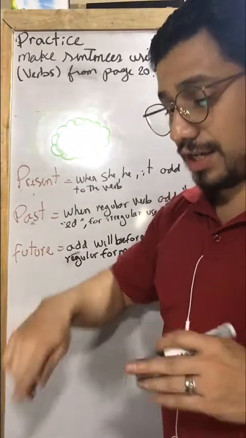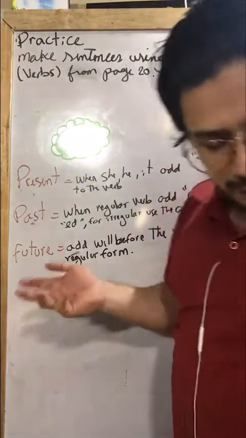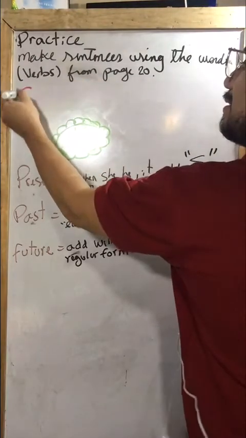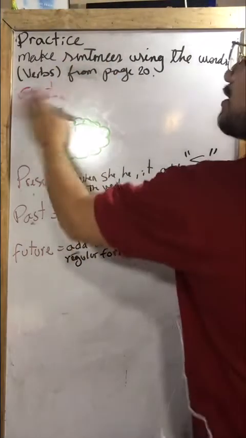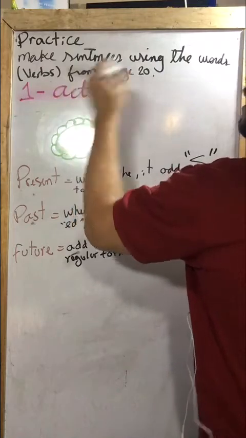Today I, yesterday I, and then we are going to use tomorrow for the future. So what is going to be the example for act? Because act is the first word in there. Let's write a number, sorry. Number 1, act, okay?